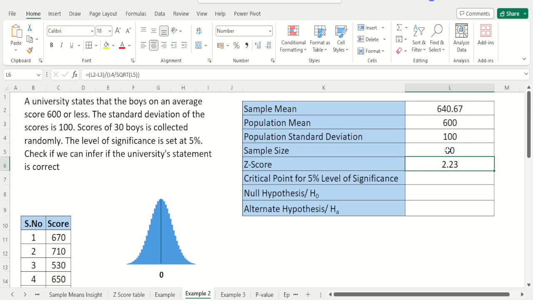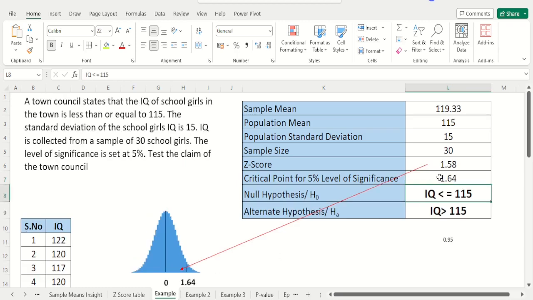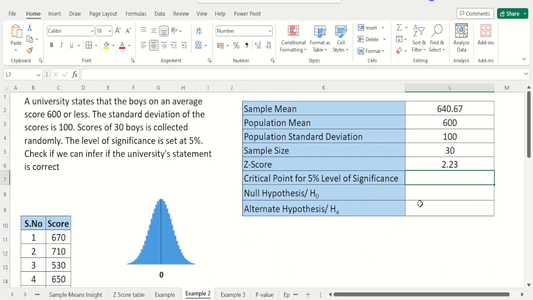In this case, you can see the z-score is 2.23, which is fairly high. What is the critical point for the 5% level of significance? Now remember that we had already seen in the previous example, it is 1.64, right? 1.64 is going to be the critical point for the 5% level of significance, correct?